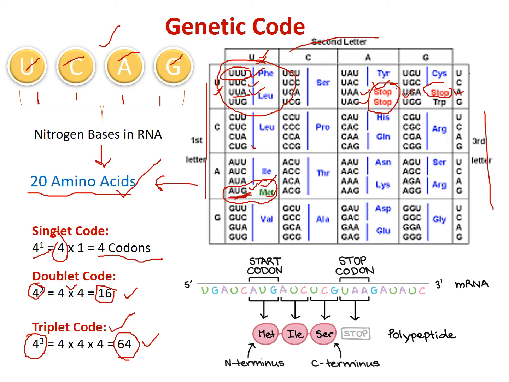So here, if you see the example on the top, it is written UUU and UUC. These two codons will code for only one type of amino acid, that is phenylalanine, and below that it is written UUA and UUG. So these codons will code only for leucine.